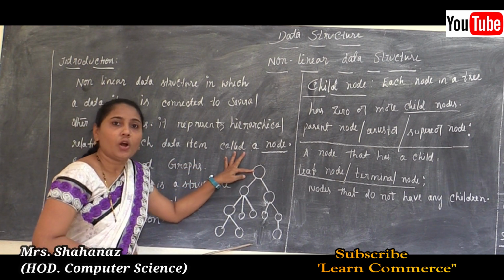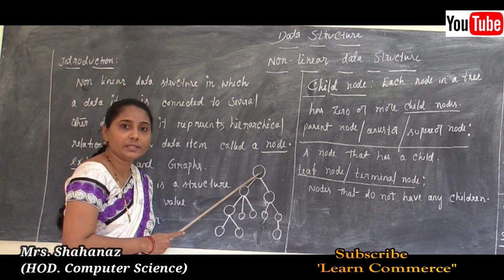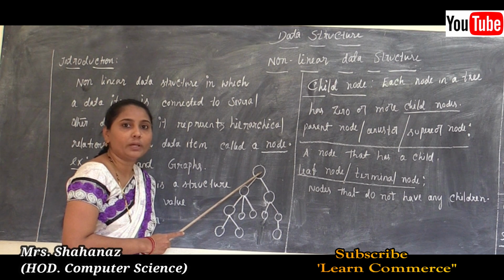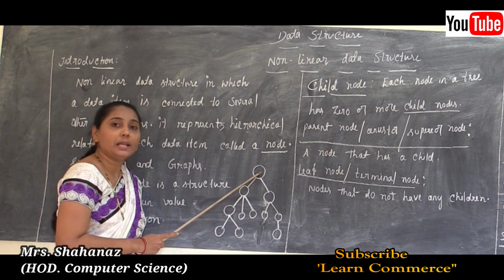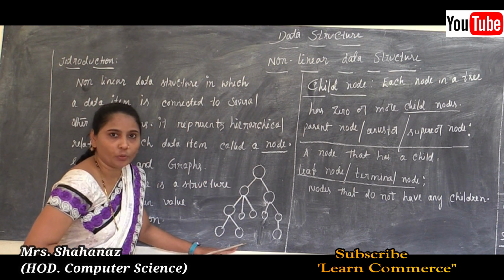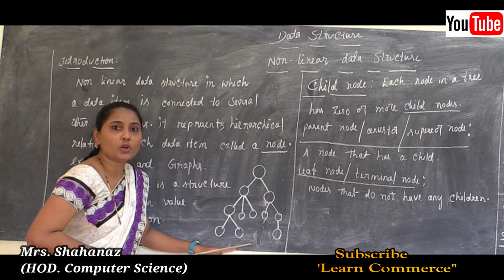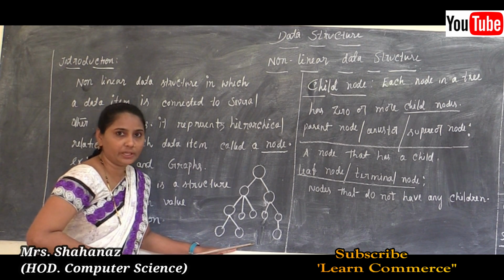The height is measured from the root node to the leaf node. In other words, the height of a node is the length of the longest downward path to a leaf node. From the root node to the leaf node is called the height of the tree.